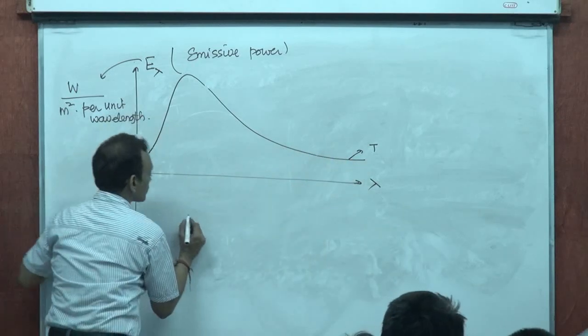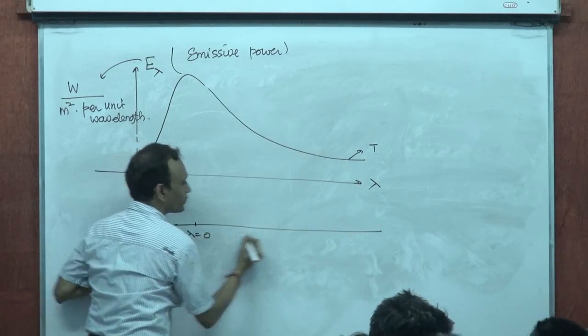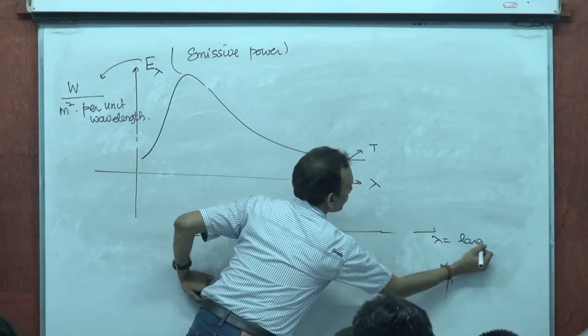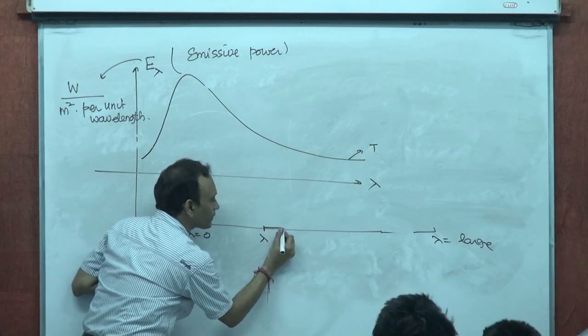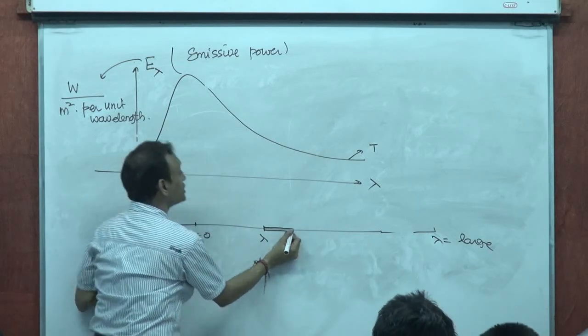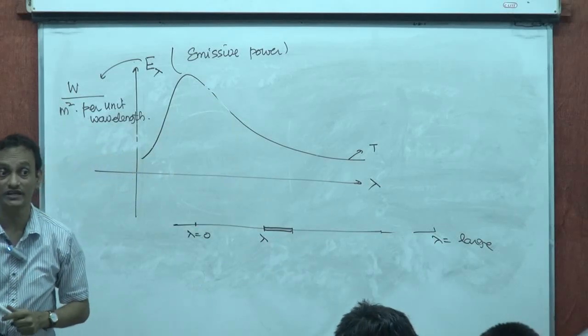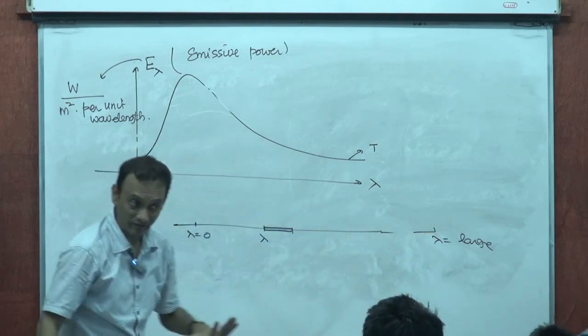Say I have lambda equal to 0, lambda very large, and there is an intermediate lambda, and this is a continuous spectrum. When a black body emits radiations, it emits radiations of all possible wavelengths, lambda equal to 0 to lambda equal to infinity.